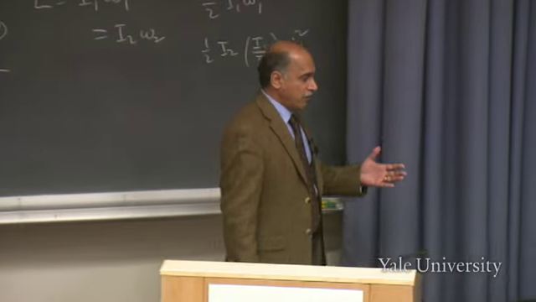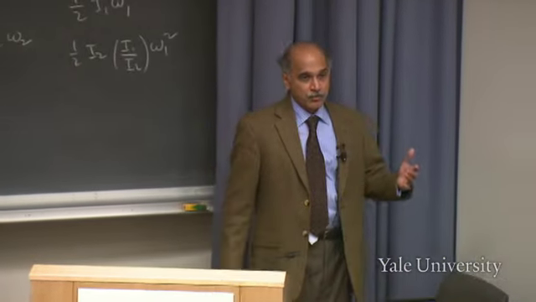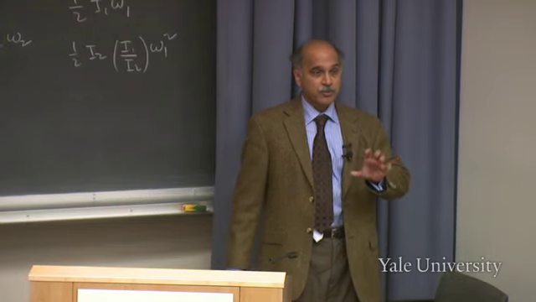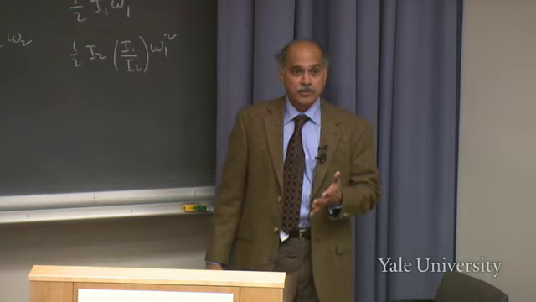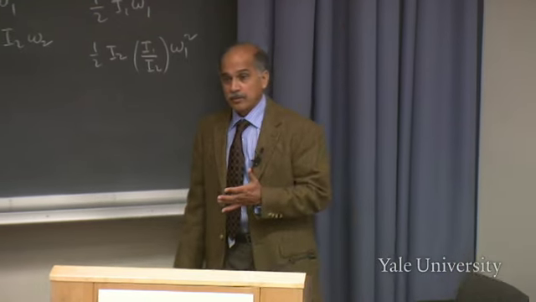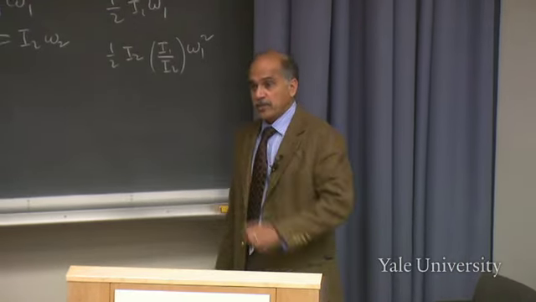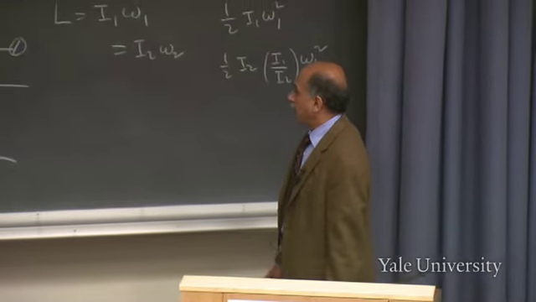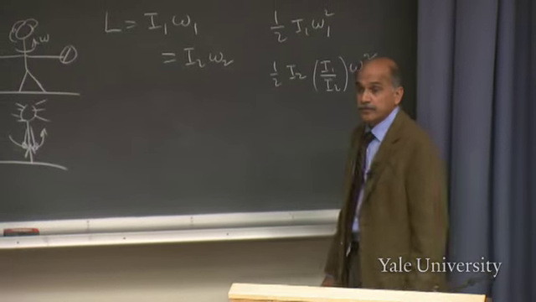Because if your omega doubles because your moment of inertia went down by a factor of half, that keeps I omega constant. But you're supposed to square the omega. So in the product I omega squared, when you reduce one by half and double the other, you gain a factor of 2. So take the simple case where I2 is half of I1, and you will see it.